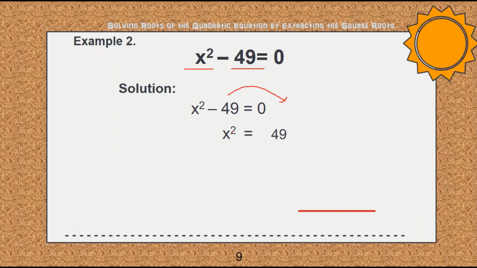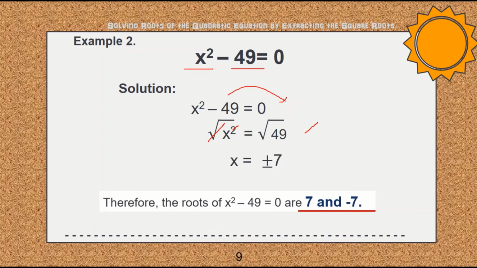And to cancel out the exponent of 2, gagamit tayo ng square root both sides of the equation. And then, kapag i-square root natin yung, cancel na yung ating square root and exponent na 2. So, matitira ay x. And then, square root of 49 is equal to positive and negative 7.